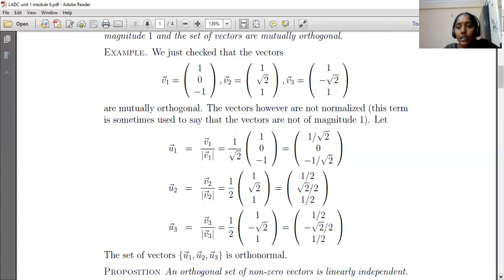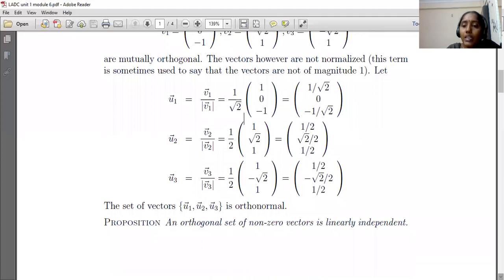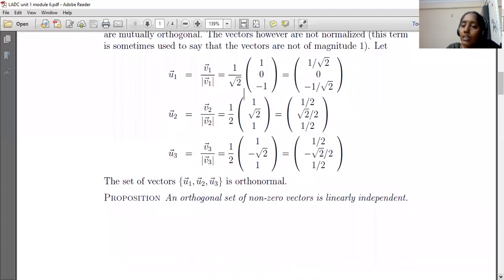Any set of linearly independent vectors we can convert into orthogonal vectors. And how can we convert? Orthogonal vectors play a vital role in image processing and image compression.